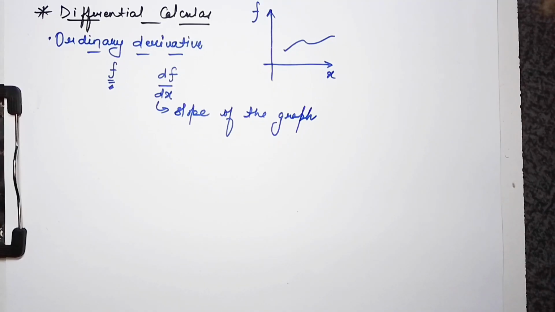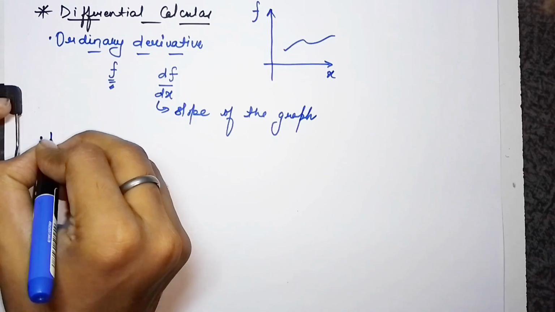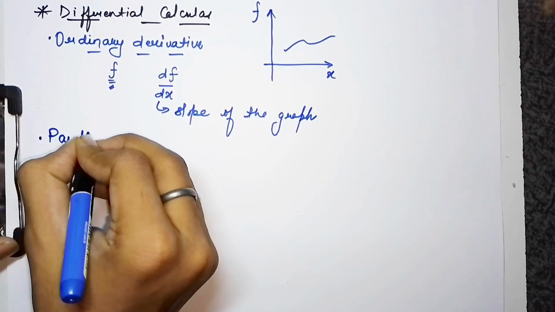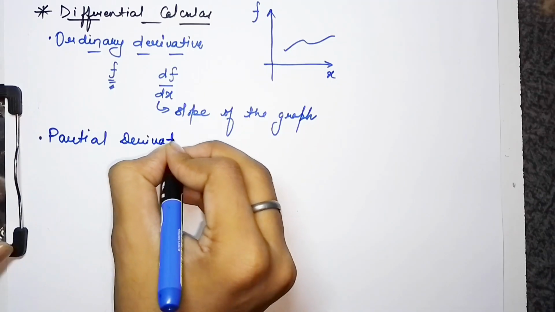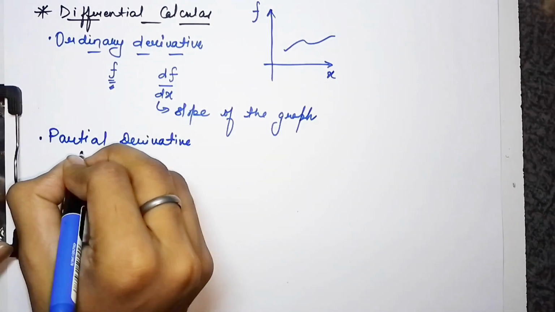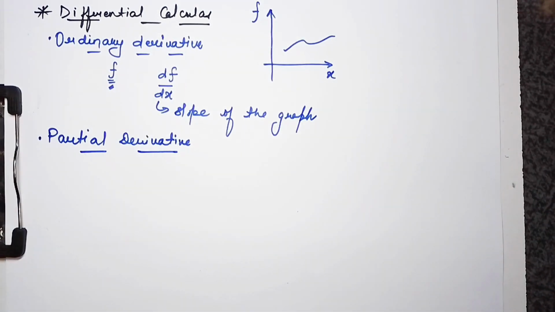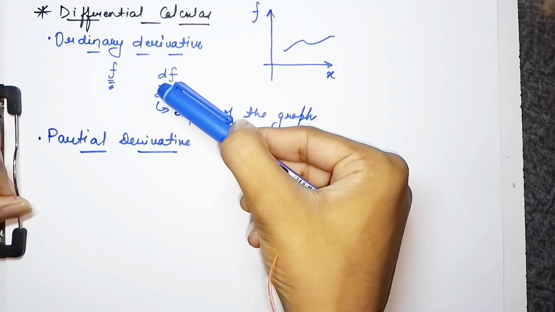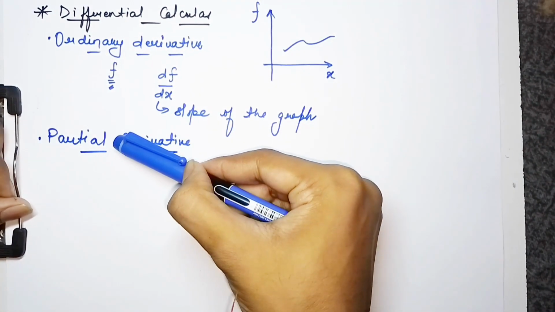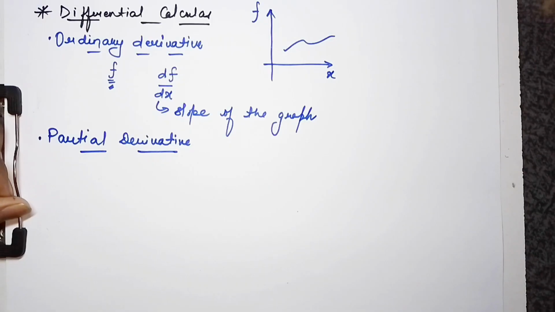Now, the next thing that we move on to is partial derivative. What do we mean by partial derivative? Ordinary derivative means taking the complete derivative of function f with respect to x. But in partial derivative, we don't take the complete derivative.